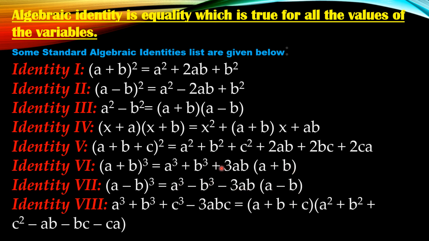Children, you can also open the brackets and write 3a²b + 3ab². Last identity, a³ + b³ + c³ − 3abc = (a + b + c)(a² + b² + c² − ab − bc − ca).